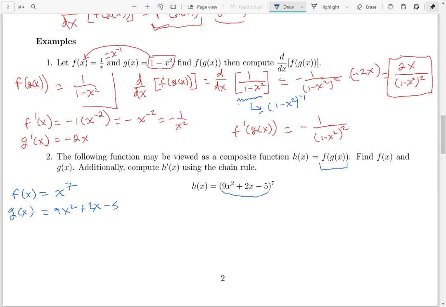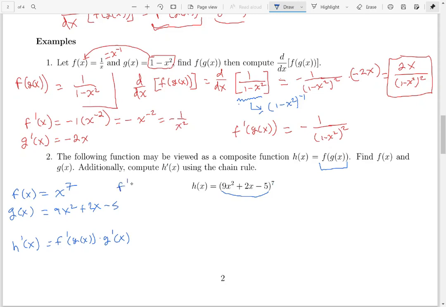Great. Inner function, outer function. Then, via the chain rule, h prime of x is really going to be the same thing as f prime of g of x times g prime of x. So if I find f prime and g prime, we can plug it into the formula.